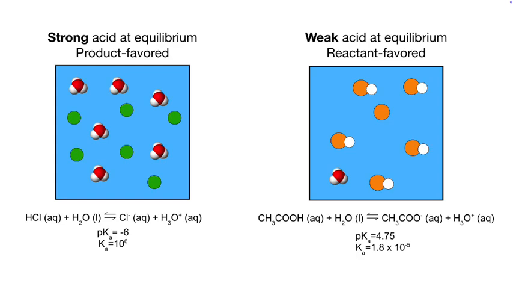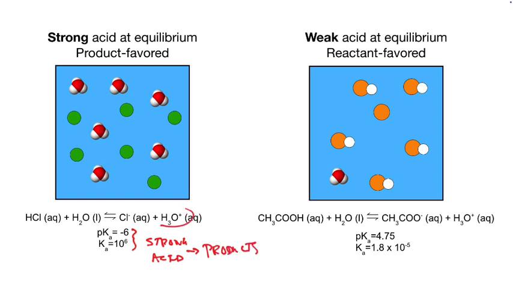So we can look at this kind of pictorially. A strong acid at equilibrium is product favored. So if we're taking HCl and we mix it with water, what do we expect to have happen? Well, based off of its Ka and its pKa, these suggest strong acid. So the strong acid means products.